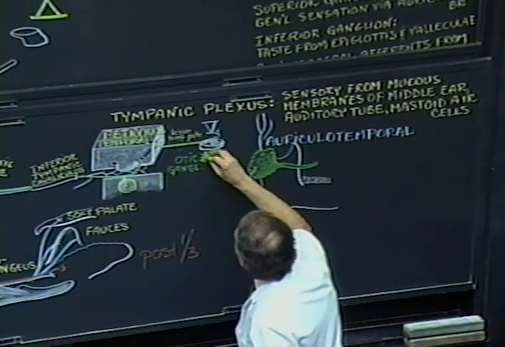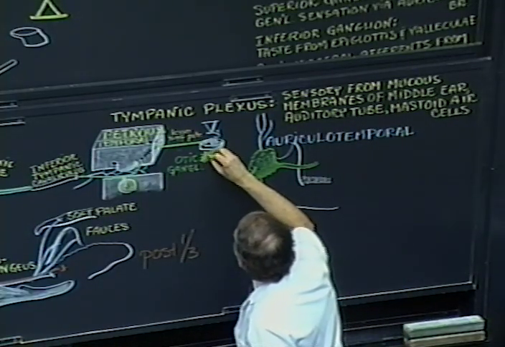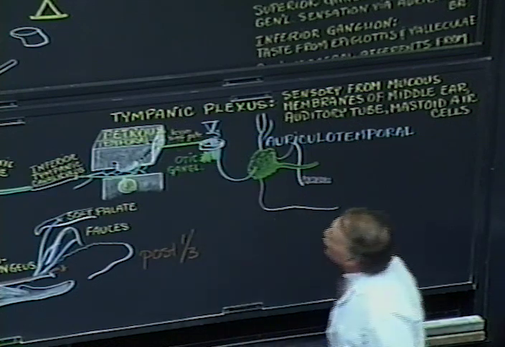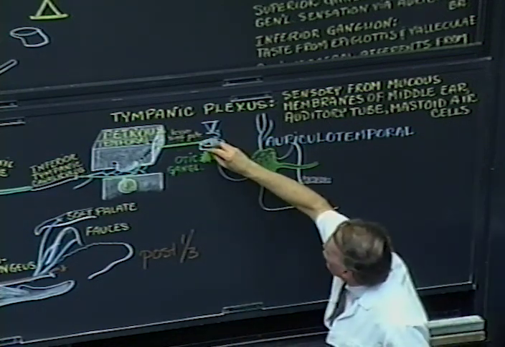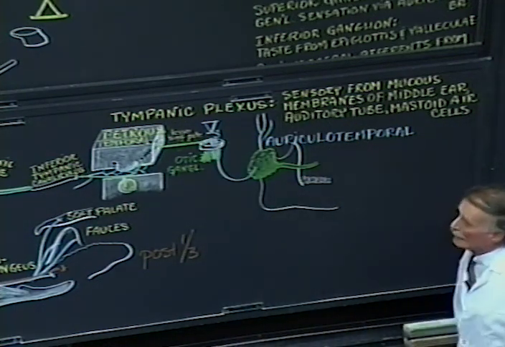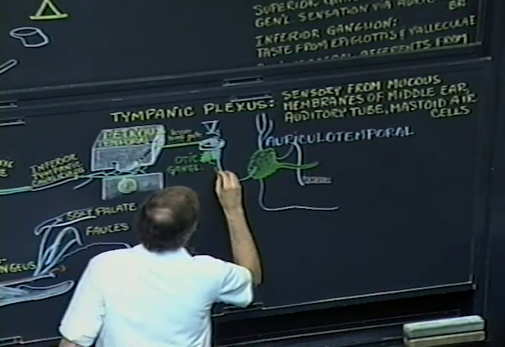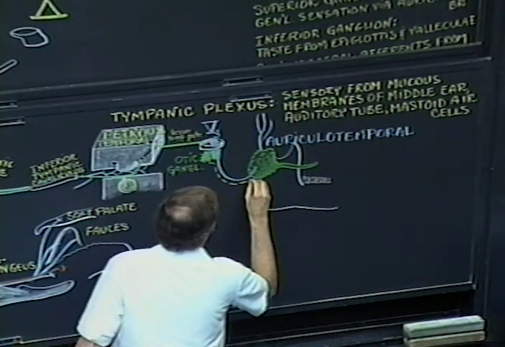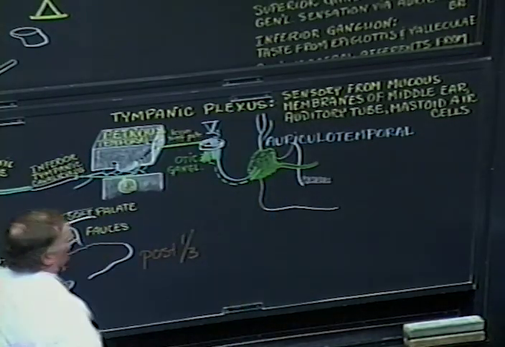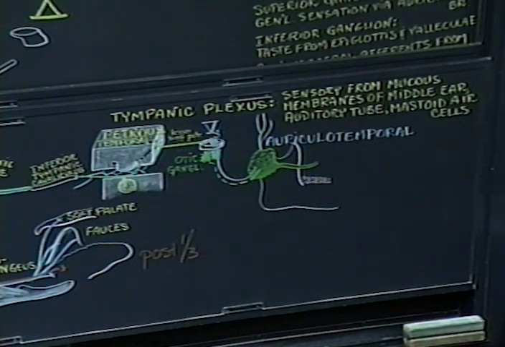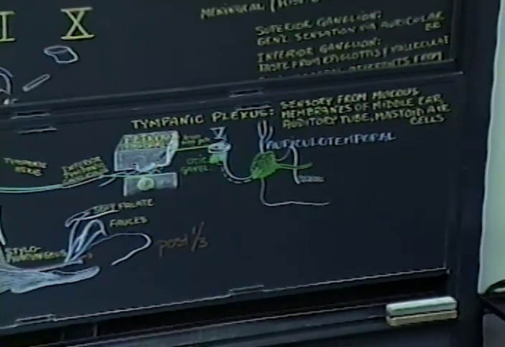This, as in the case of the others, is an area for synapse with postganglionic neurons, which are then conveyed by the auriculotemporal to the parotid.